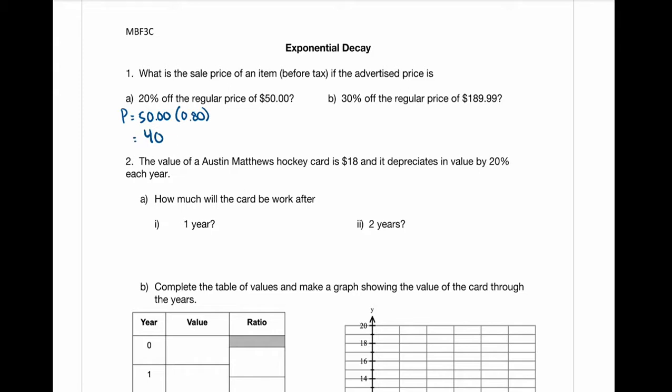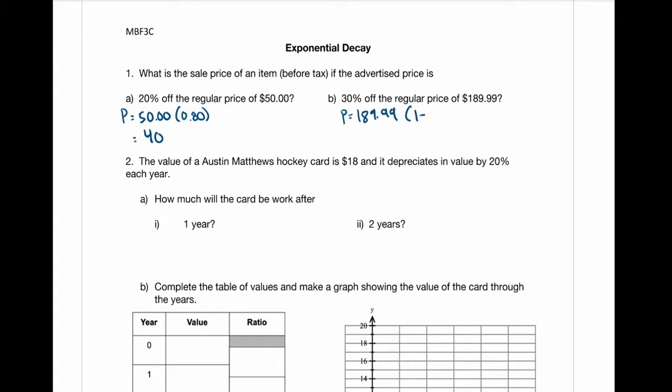So let's try B. 30% off the regular price of $189.99. So if I'm taking 30% off, how much am I going to have left? And if we're not sure, we can think about it this way. If I multiply $189.99 by 1, that gives me the original price, or 100%.